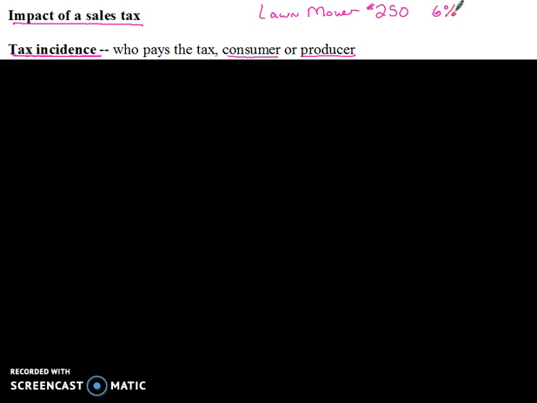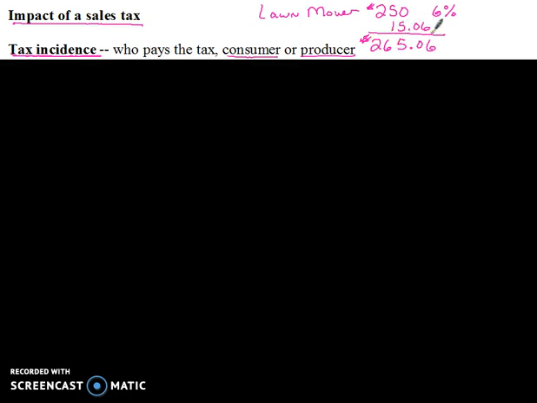So you go to some store, maybe Walmart, to buy a lawnmower, and Walmart's price for the lawnmower is $250, and then they have to charge the sales tax on top of it. So 6% of that would be a sales tax of $15.06 if my calculations are correct. And so then Walmart is going to charge you a final price of $265.06.